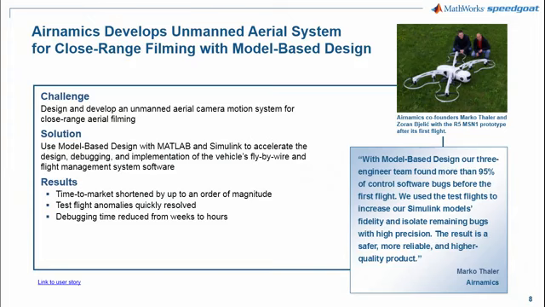This next example is not a power electronics example, but also shows how rapid control prototyping can help in other applications. The Eranik R5 unmanned aerial system provides cinematographers with a camera motion system for close-range aerial filming. With a top speed of 80 miles per hour, a camera payload of 18 pounds, and a GPS system accurate to within 1 inch, the R5 is designed to deliver performance, safety, and ease of use.